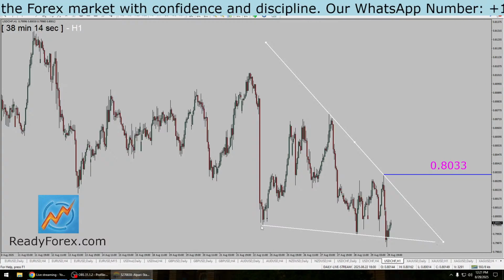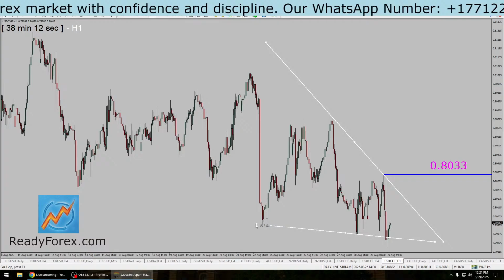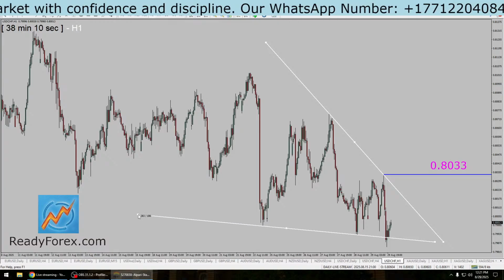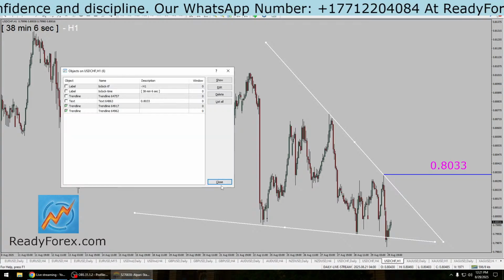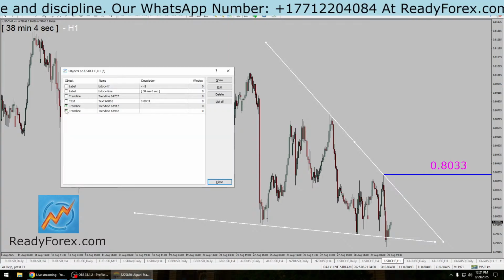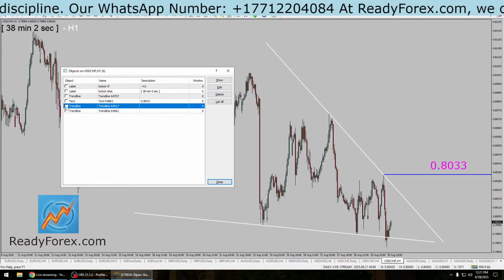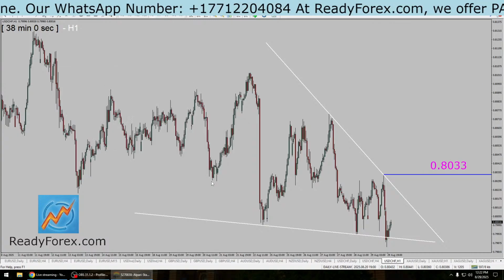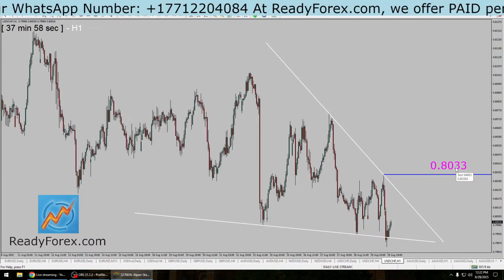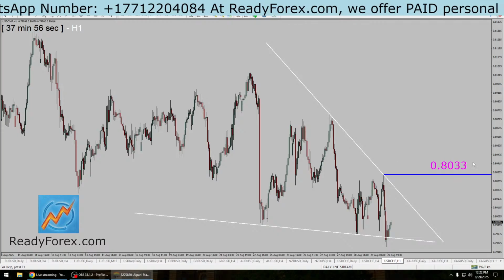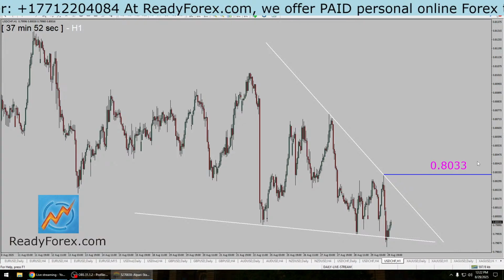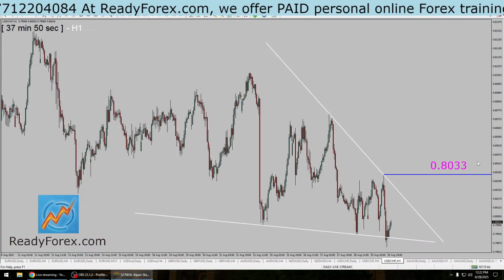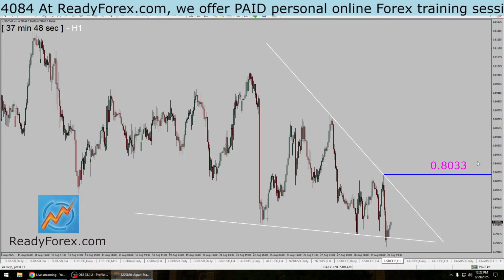So this is the pattern. Okay. Now this does not mean that you just jump into the market with a buy trade. We need a bullish breakout first above 0.8033 level. Otherwise, there's no need to look for any buy trade in US dollar Swiss franc currency pair.